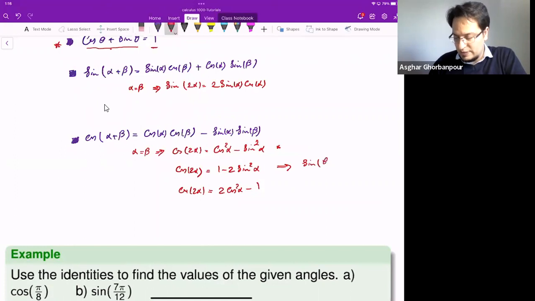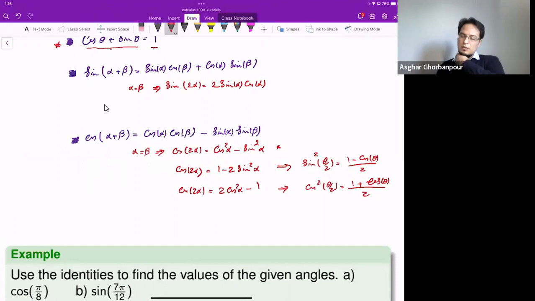I'll write different symbols because I want to show you this one. So this will be 1 minus cosine theta over 2, square of that. Cosine squared theta over 2 is 1 plus cosine theta over 2.